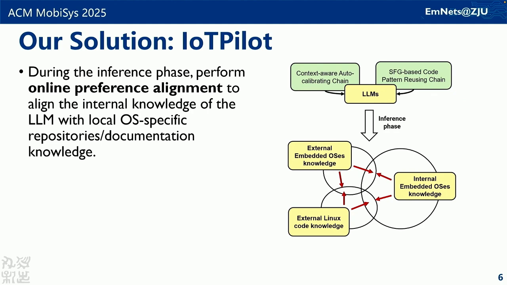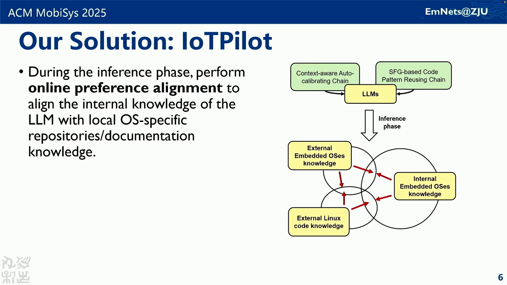To address the conflict between the LLM's internal and external OS knowledge, the direct solution is post-training the LLM with techniques like direct preference optimization for preference alignment to coordinate internal and external knowledge.